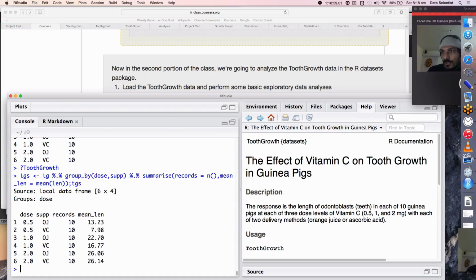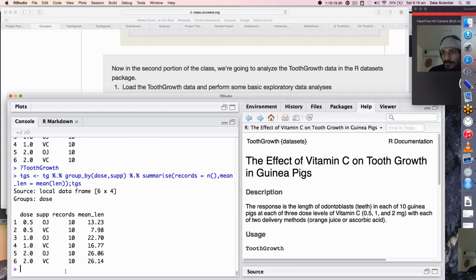Now if I do that, what do you see? I also see the mean for each of these combinations. So I see that at dosage 0.5, the mean is 13 for orange juice and 8 for ascorbic acid. Similarly, it is higher for higher dosage, further higher for the highest dosage.